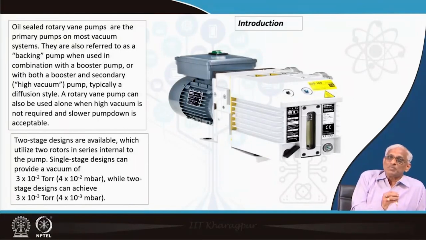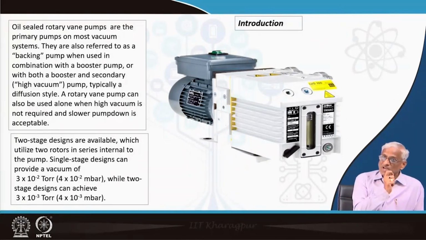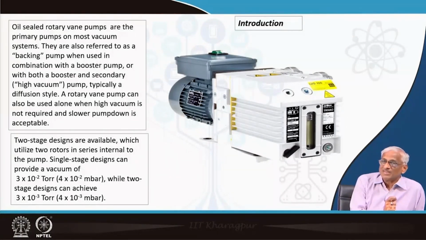So, the high vacuum pump is only a fine vacuum pump which is removing a few micrograms of gas. Grams of gas have already been removed by this mechanical pump, but it may be much less costly. It may be 10,000 rupees. A high vacuum pump which is removing only a few milligrams, a turbomolecular pump, may cost 20 lakhs. Why? Because it is trying to work at a finer level.